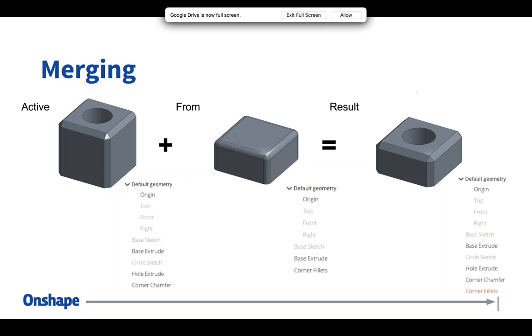So in the case of features, for instance, in this example, I have a chamfer here and a fillet here. Because this is the active branch, that's the branch that's active when I did the merge, that feature wins in the conflict. You'll notice in the end, the chamfer exists and the fillet fails, right? Because there's a feature conflict. So for feature conflicts, the active branch wins.